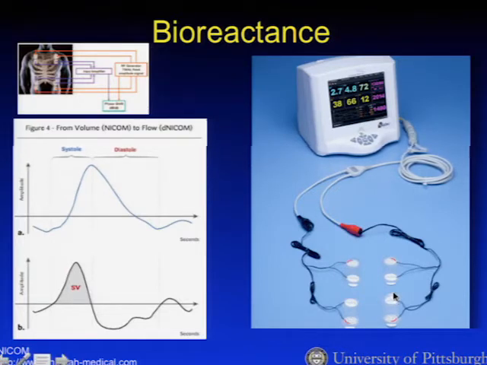And then the returning voltage is detected using these 4 electrodes here. And the relative phase shift and rate of change of phase between these signals are determined and used in the calculations of the stroke volume.